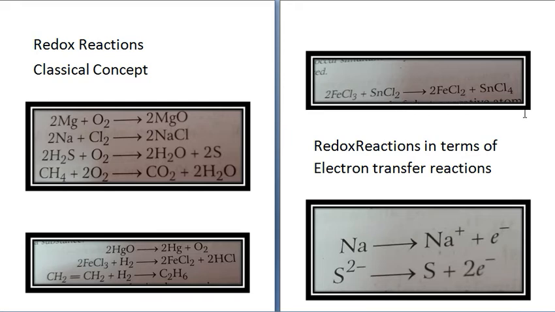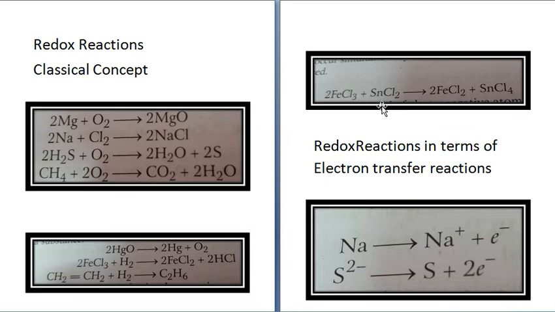Now oxidation and reduction always occur simultaneously. A substance in a reaction can only be oxidized if other substance in reaction is reduced. So oxidation can take place only when some other substance is getting reduced. Like for example, 2FeCl3 plus SnCl2 gives you 2FeCl2 plus SnCl4.